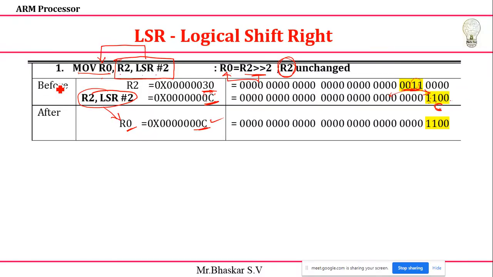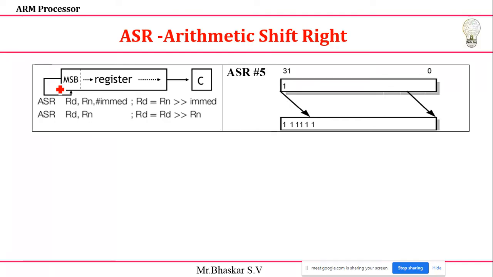But when it comes to here, it totally depends upon your MSB value. Suppose if 0 is there, only zeros will be padded. If 1 is there, only 1 will be padded. So that is the case. The only remaining thing is that it will shift the values.